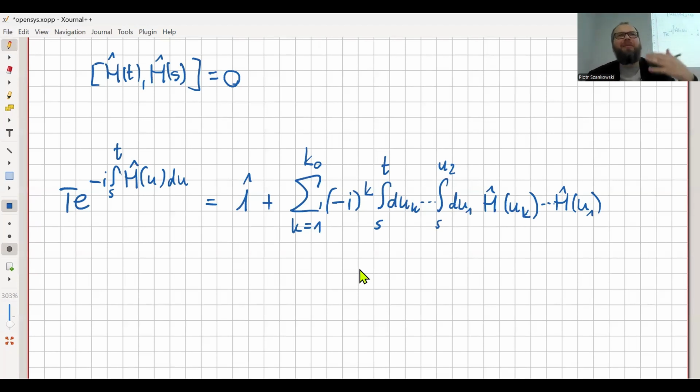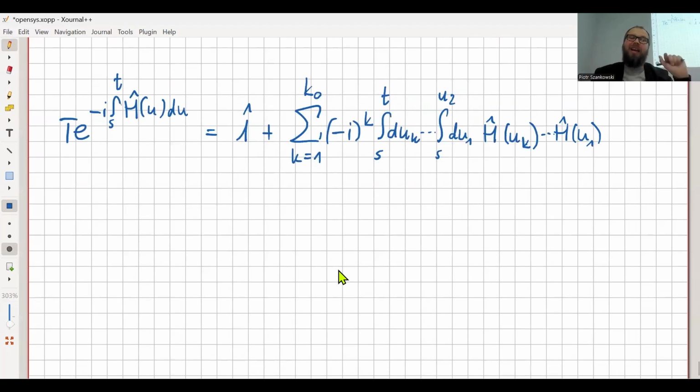And unitary operators are like oscillations, basically. So this is a bad idea, except for the case when your time is very short. Then things might be okay.